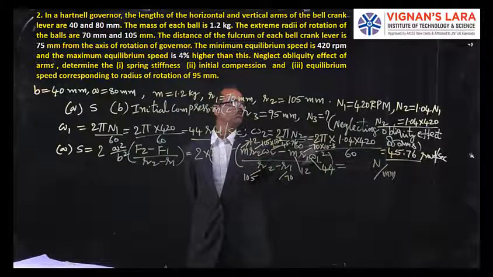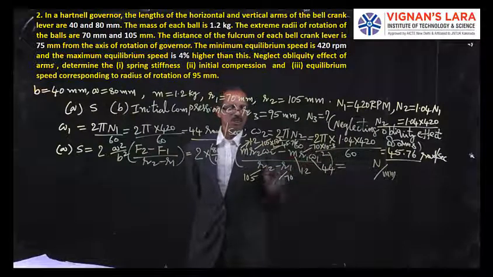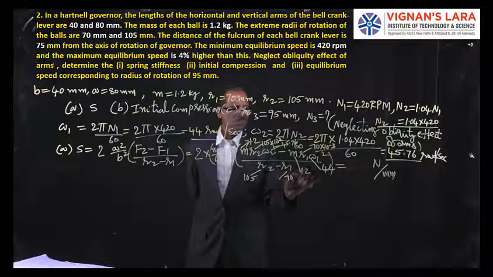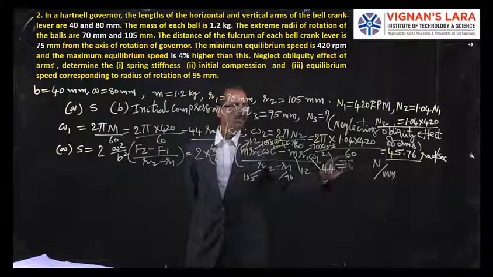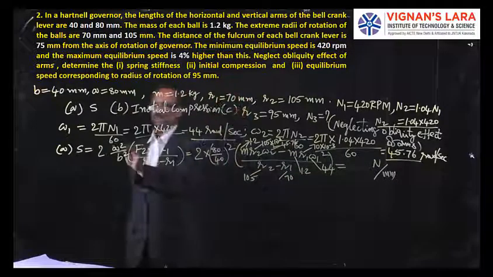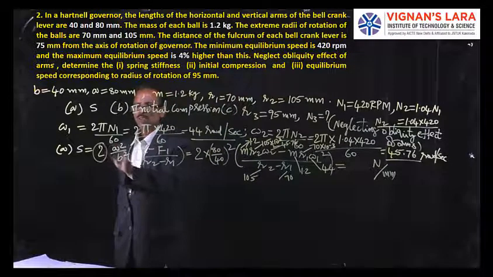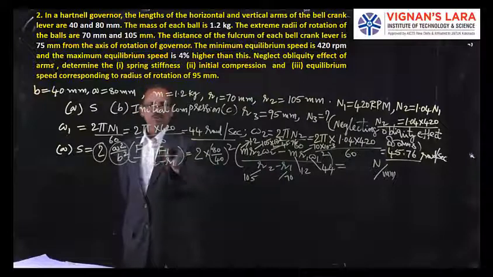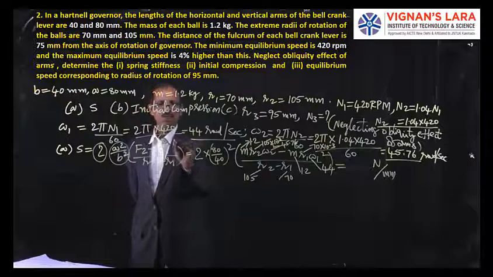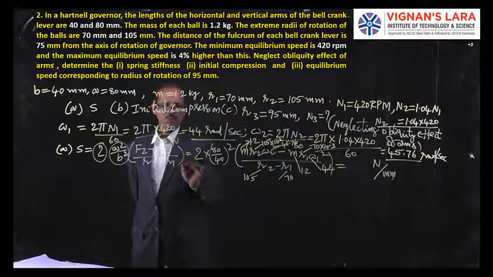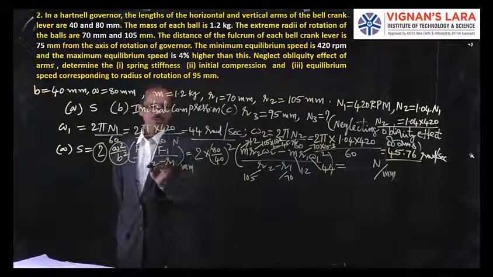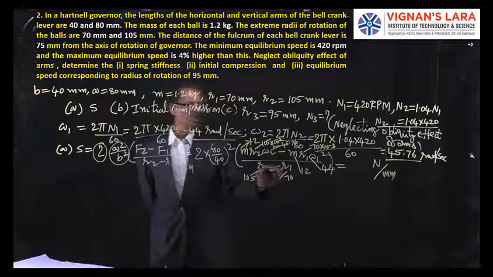Omega in radians per second, like M R1 omega 1 square, where I have written R2 and R1 in mm to get my unit, because 2 is a constant, A by B square is a constant, and the force difference is in Newton, and this I want in Newton per mm, so I substitute R2 and R1 in mm.